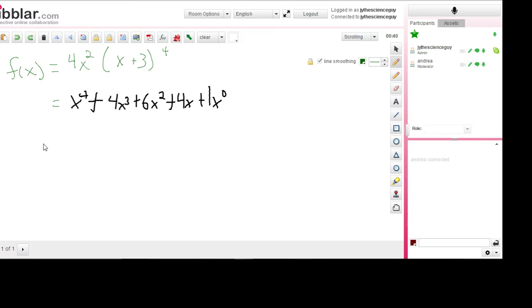This is x to the 4 plus 12x cubed plus 54x squared plus 8x.